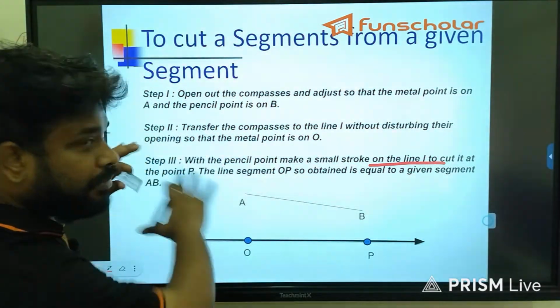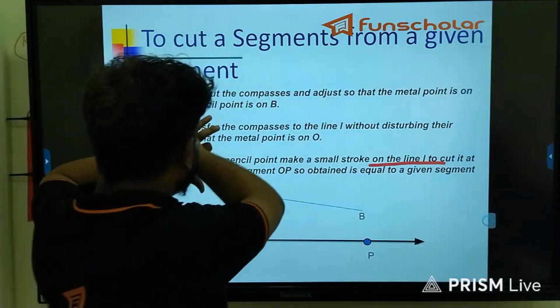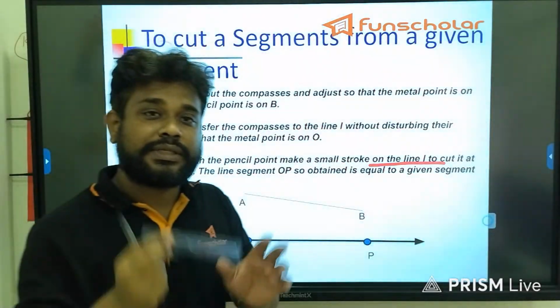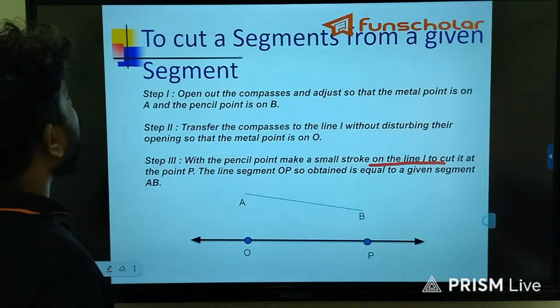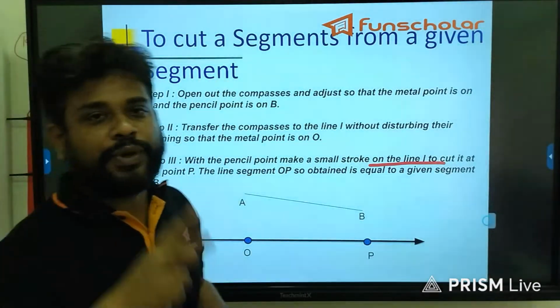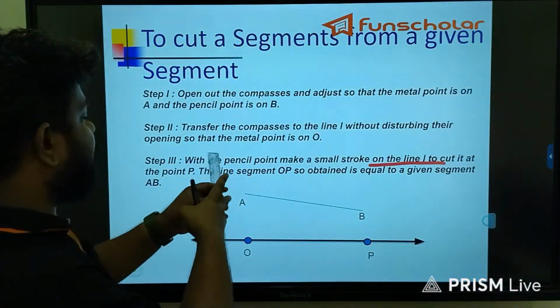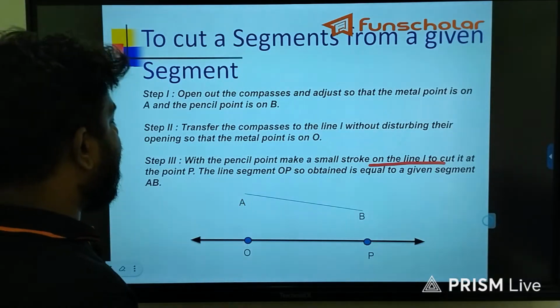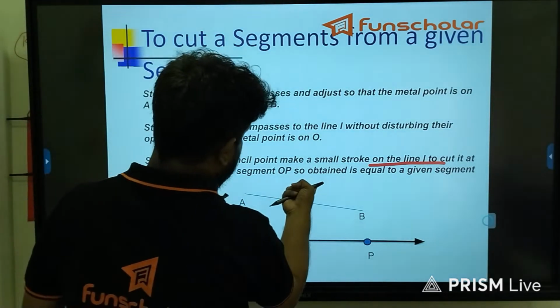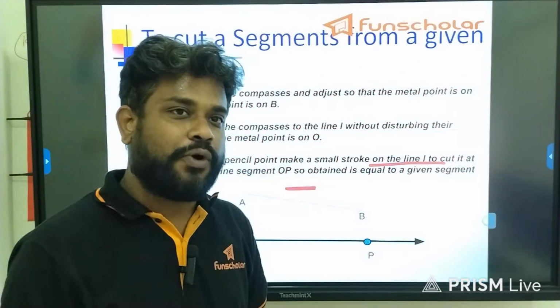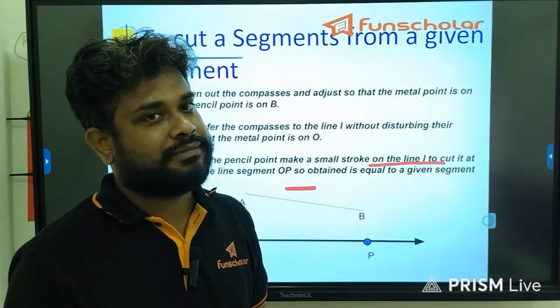Yes, I have read out the total process, but I am going to explain it with the scale. Like the first one, open out the compasses. You will have a compass which will look like this, and take the measurement and then cut it out like this. The line has been drawn and will be looking like this.